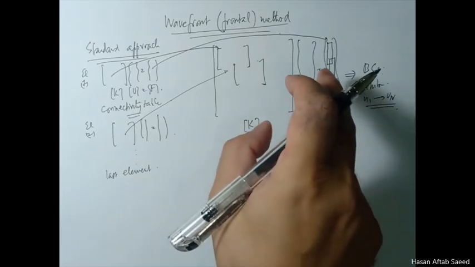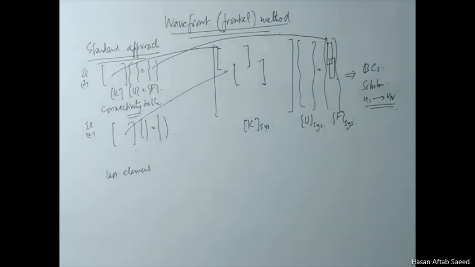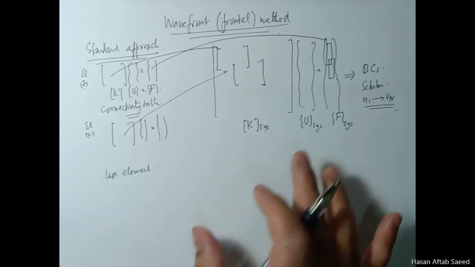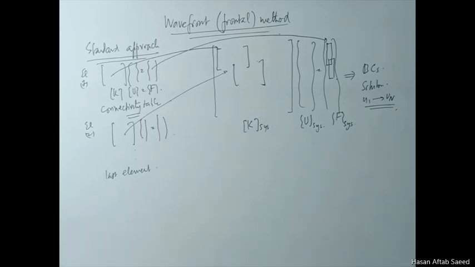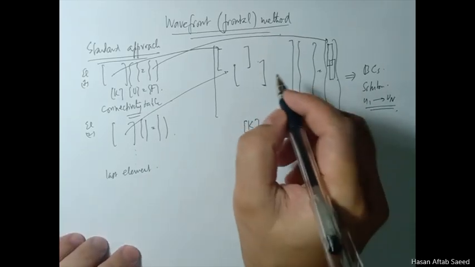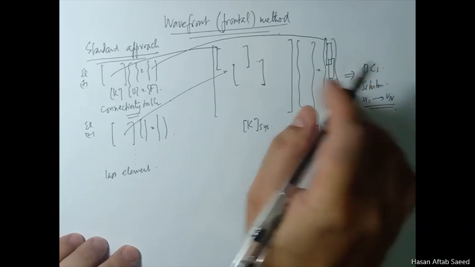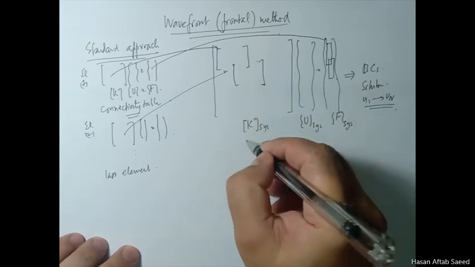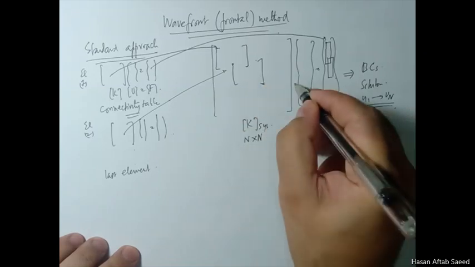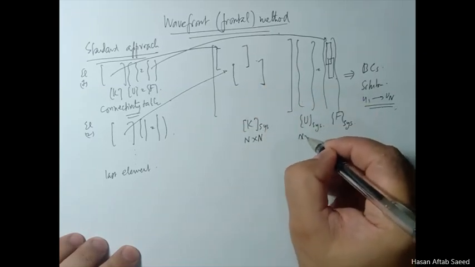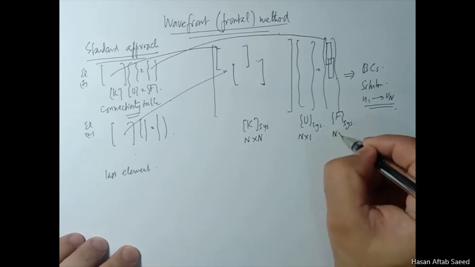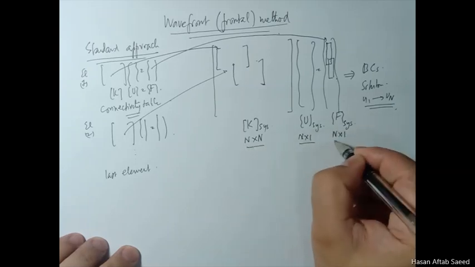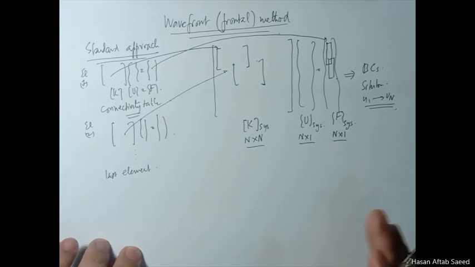Now this works fine, but there are times when there's a problem, and those times are when your system size is very large. For a system with n degrees of freedom, this K matrix takes the size n into n, U vector n into 1, and F vector n into 1. For smaller or medium sized systems, there is no problem.